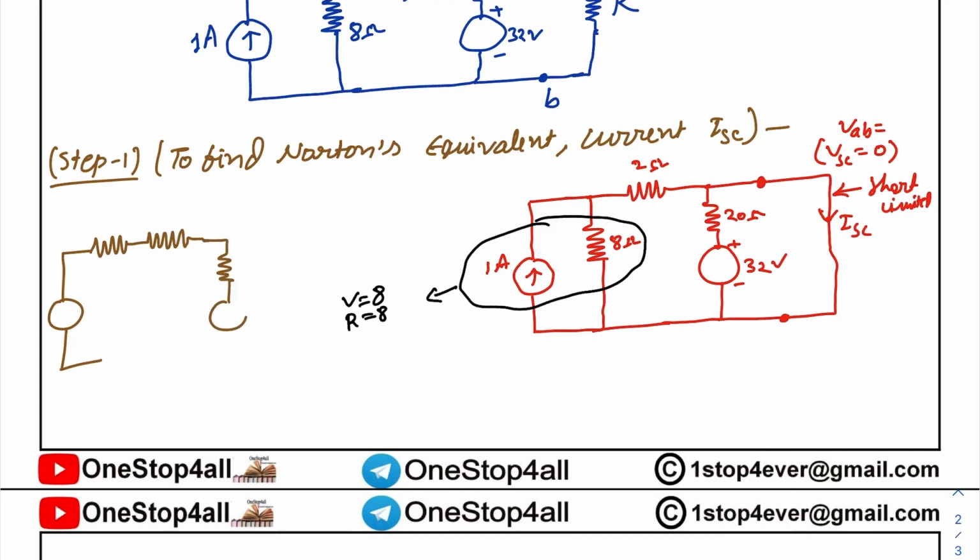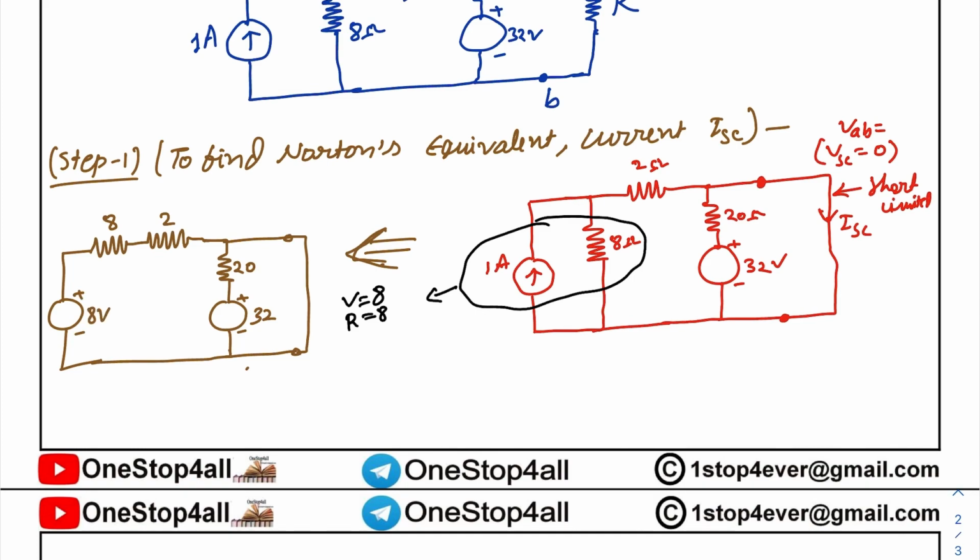Like this one, there is one more voltage source and these two terminals are nothing but short circuited. Okay. So this is plus minus 32 volt, this is 20 ohm resistance, this is 2 ohm resistance, this is 8 ohm resistance, this is 8 volt voltage source.